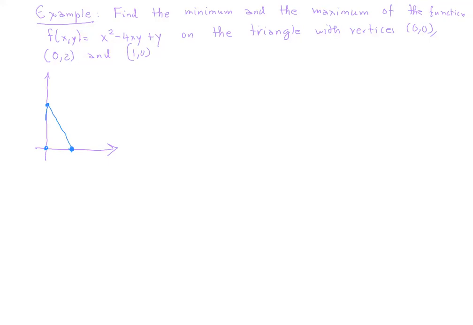And here's our triangle. And of course, as we said, the interior is part of it. So we're going to proceed in 2 steps. First of all, we plan on finding finitely many points for which we can have extrema on those points.